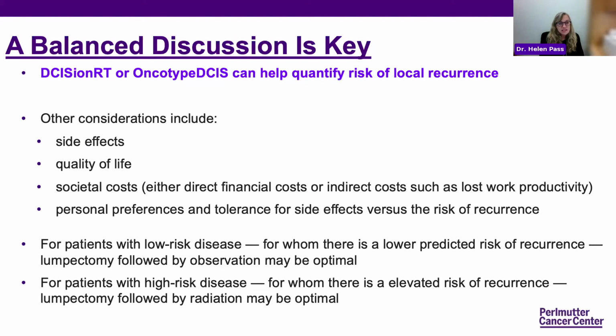The DecisionRT and Oncotype DCIS can really help us quantify this risk, but we have to balance it with the side effects, the quality of life. If you look at a list, they also say the time it takes to get these treatments, although sometimes radiation can now be delivered in as little as 5 days, and also really what the patient wants. What's their tolerance for side effects versus what's their fear of recurrence?